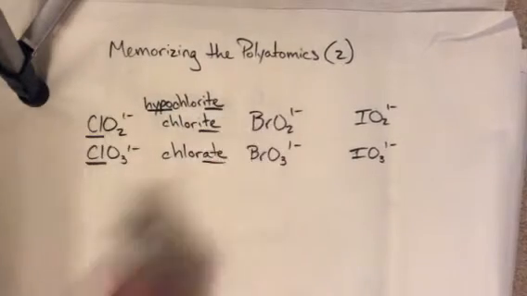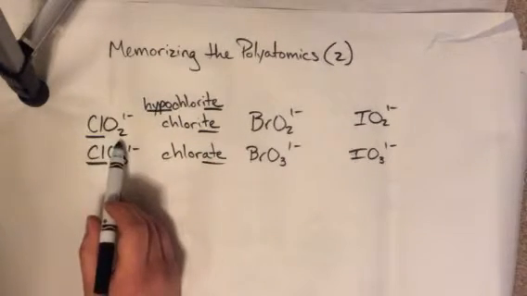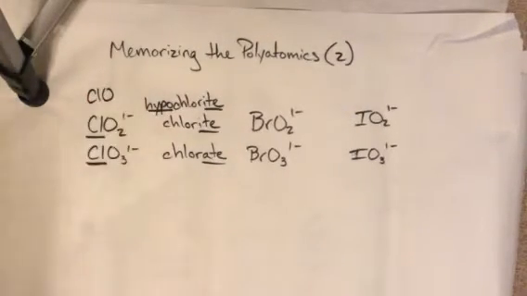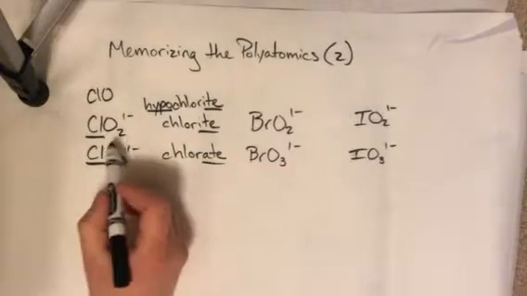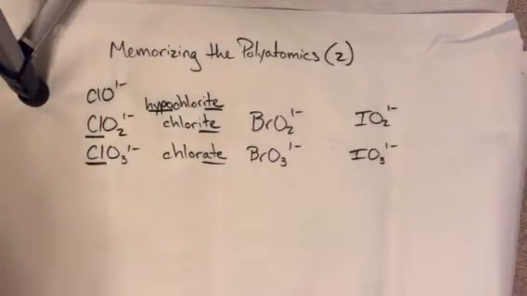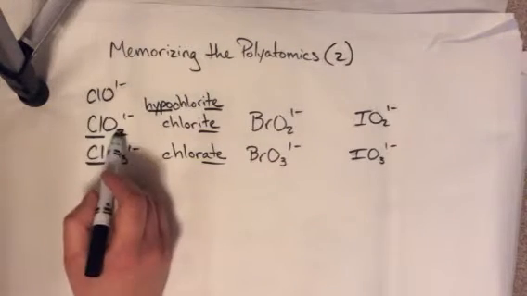Hypo means below, ite means two oxygens. Guess how many oxygens I'm going to have for hypochlorite? ClO, only one oxygen. So I subtract one oxygen from there. Same charge, not changing the charge, right? Remember that. So I go from 1 to 2 to 3.